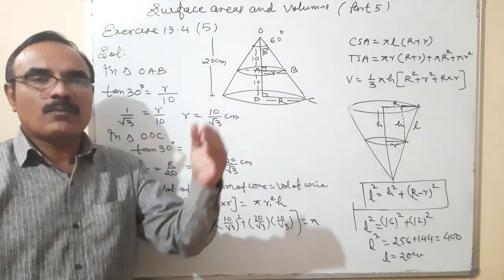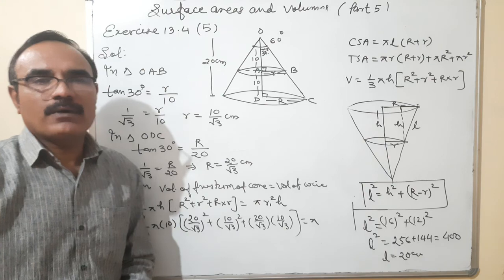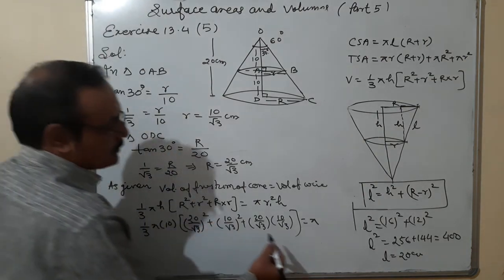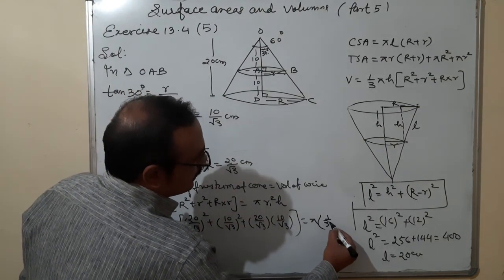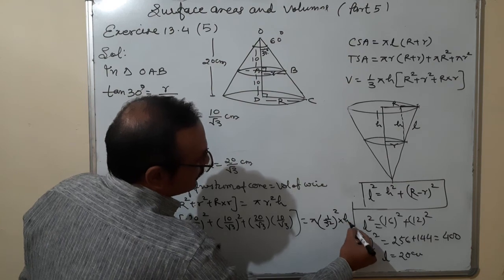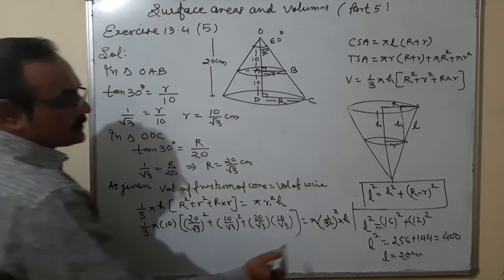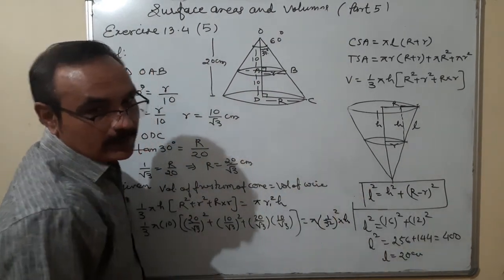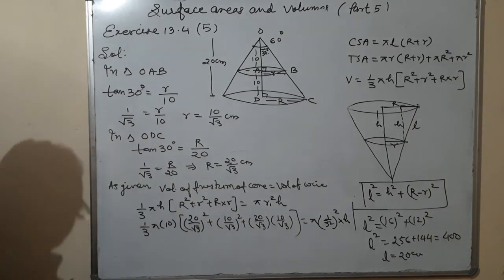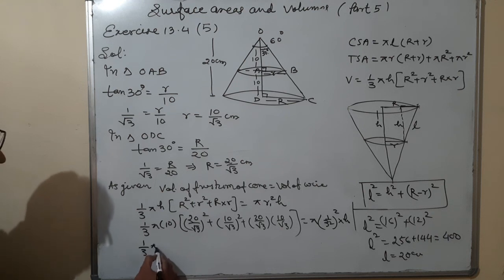Therefore the radius is 1 upon 16 upon 2, which is 1 upon 32. So pi 1 upon 32 square into h, where h is the height or length of the wire.